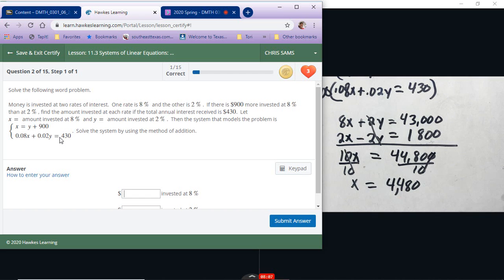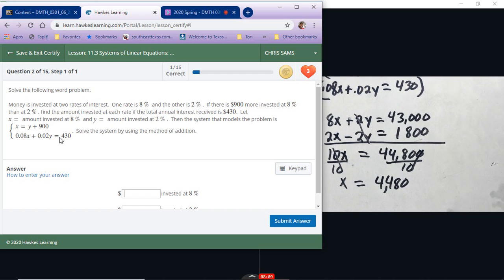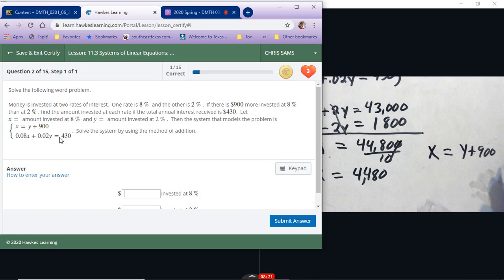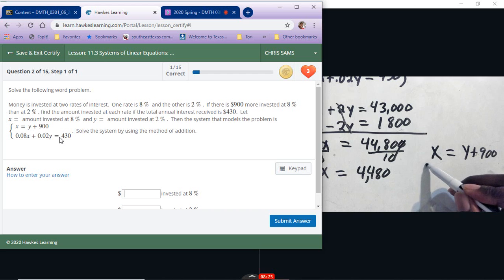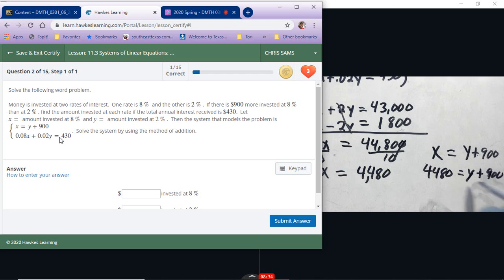Alright, and then to solve for my other one, I just use any one of those equations, probably the first one. X equals y plus 900. I'm going to plug the 4,480 into x. And we're going to subtract 900 to solve for y.